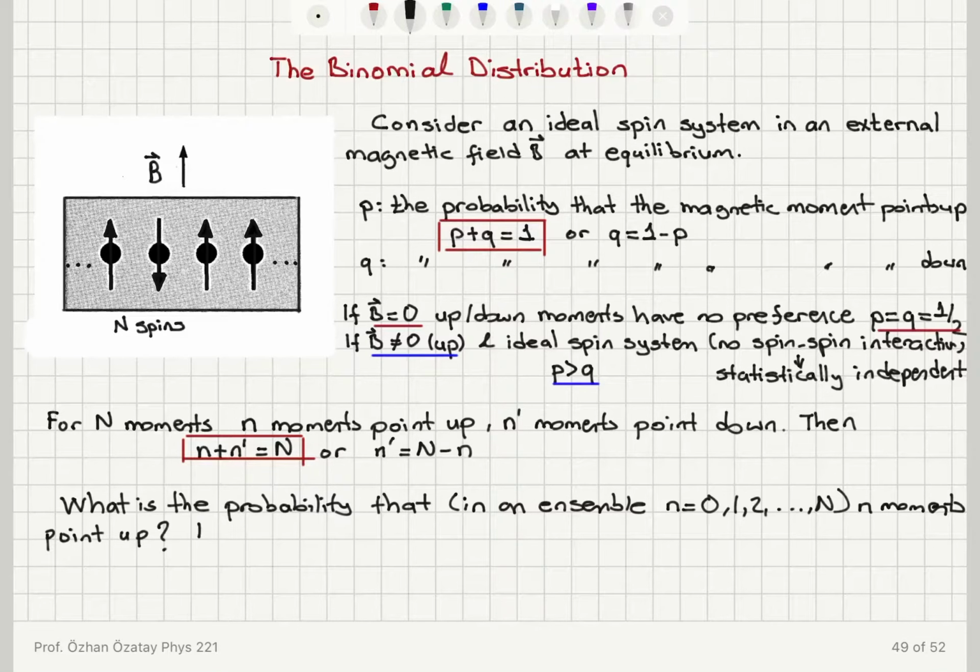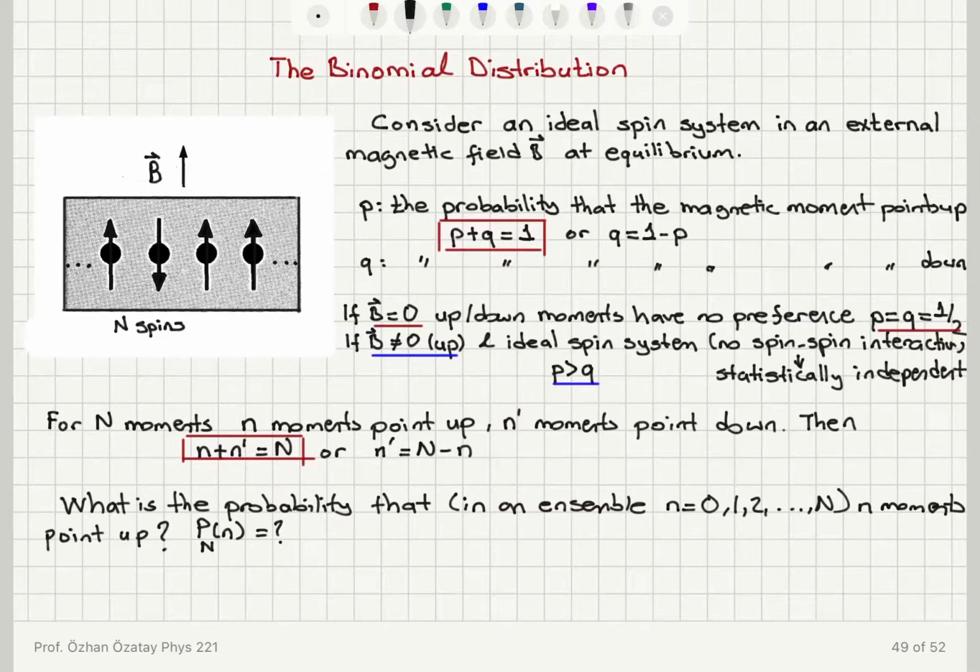So that is P_n. Given capital N spins, what is the probability that lowercase letter n of those point up? So that's the question I'm asking.